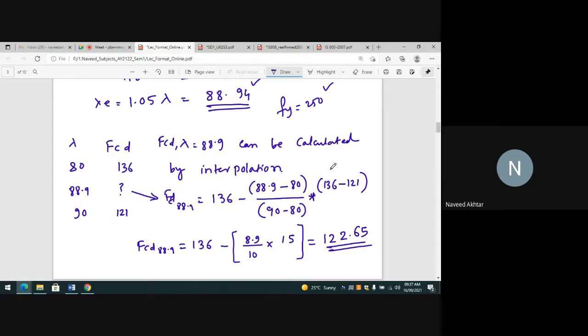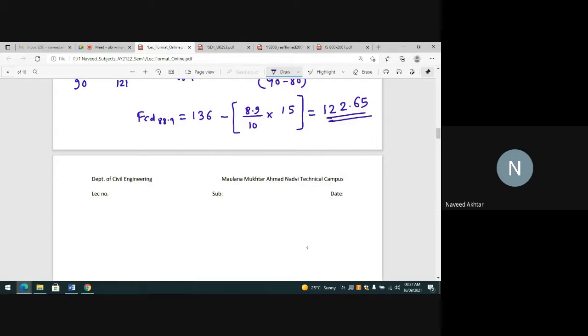Now we know the FCD, the FCD is equal to 122.65. So we can find out the PD for single section. PD for single section is AE into FCD. But we are using double section, so we have to multiply by 2. So AE is 4630 into FCD 122.65 into 2, because 2 channel sections back to back we are using.